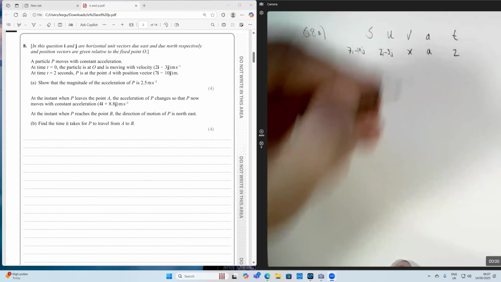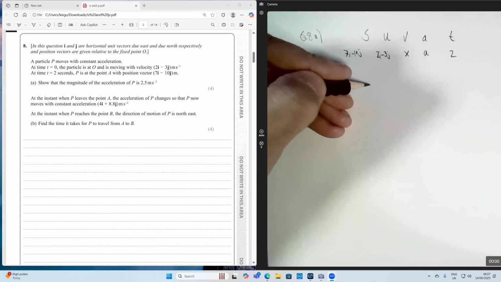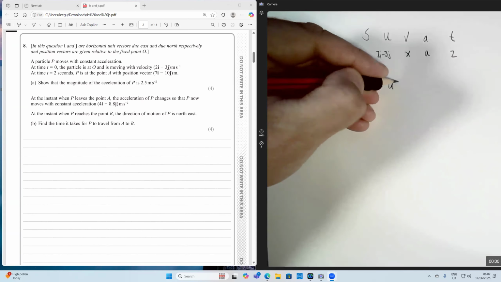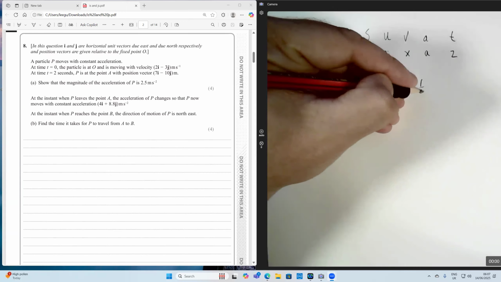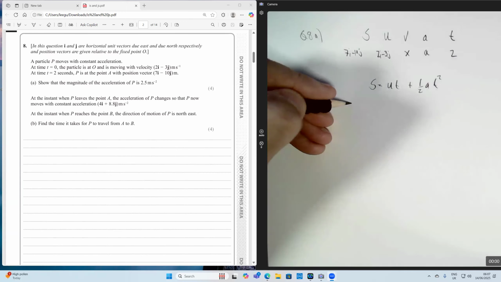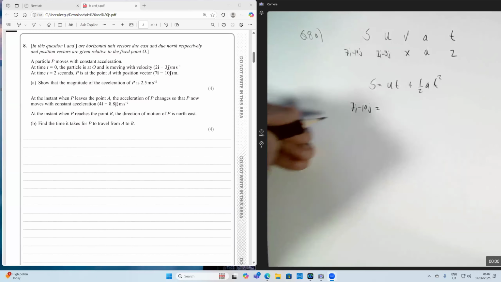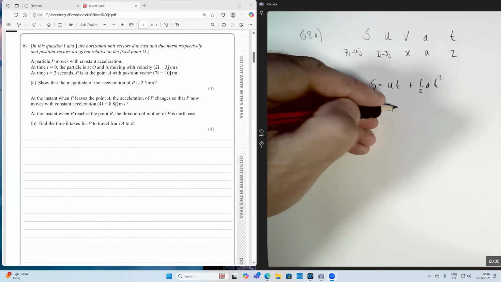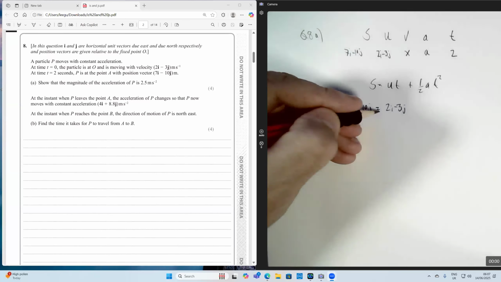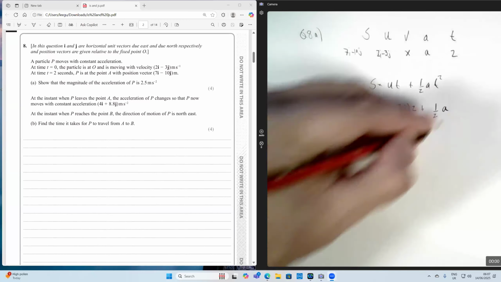When we write down SUVAT, there's always one that we don't need to know. So our appropriate SUVAT that doesn't involve v is S equals ut plus half at squared. Let's write that down and then substitute in. Our S is 7i minus 10j, our u is 2i minus 3j, our time is 2 seconds, and the acceleration is what we're trying to find.